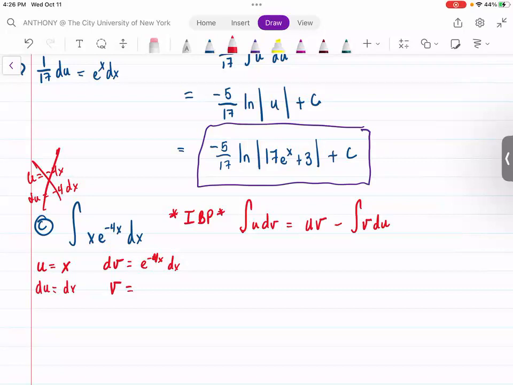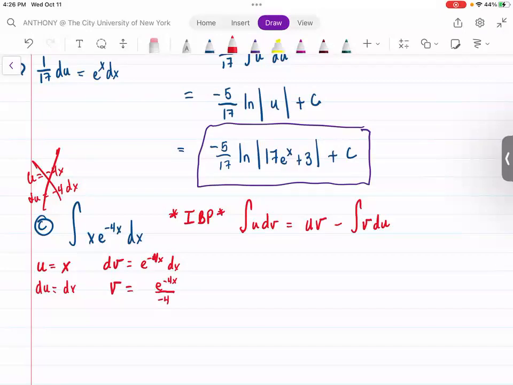The shortcut is that you just divide by the coefficient of x. My coefficient of x is negative 4, so we divide by negative 4. So our v is e to the negative 4x divided by negative 4.